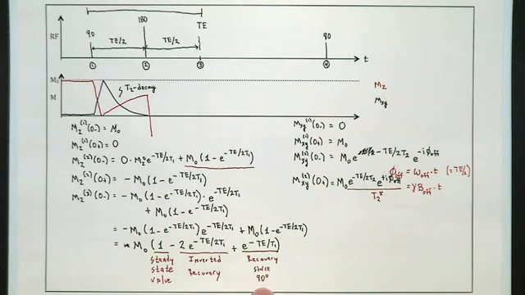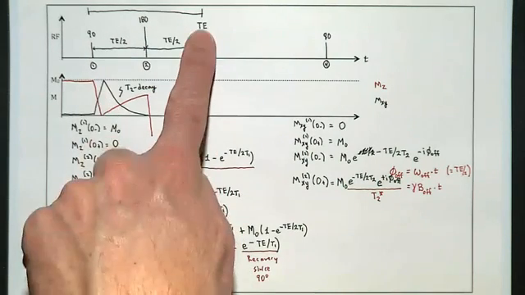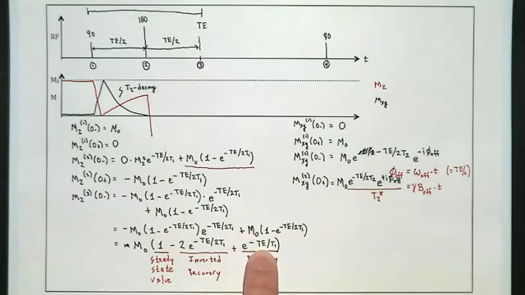If you look at this term here, I said it's the recovery since the 90. So that kind of makes sense. At time point 3, the total time that's elapsed is TE. This term here just depends on TE. And so this is the magnetization trying to get back to equilibrium, or the amount of return to equilibrium that's been achieved over a time TE.